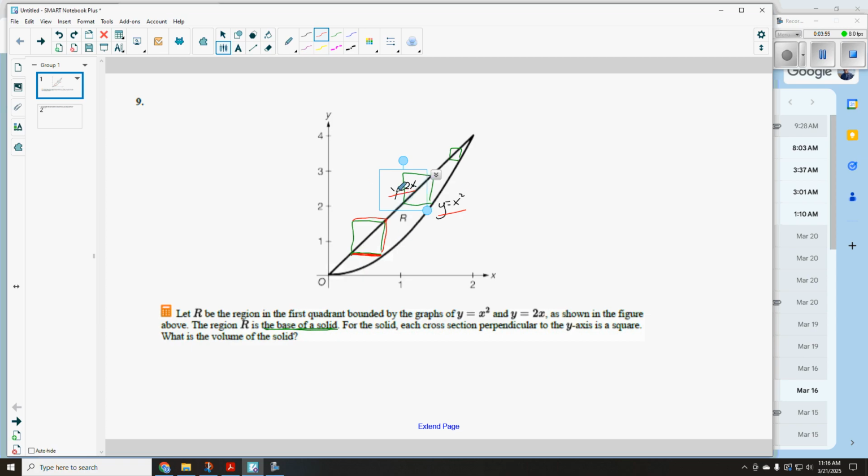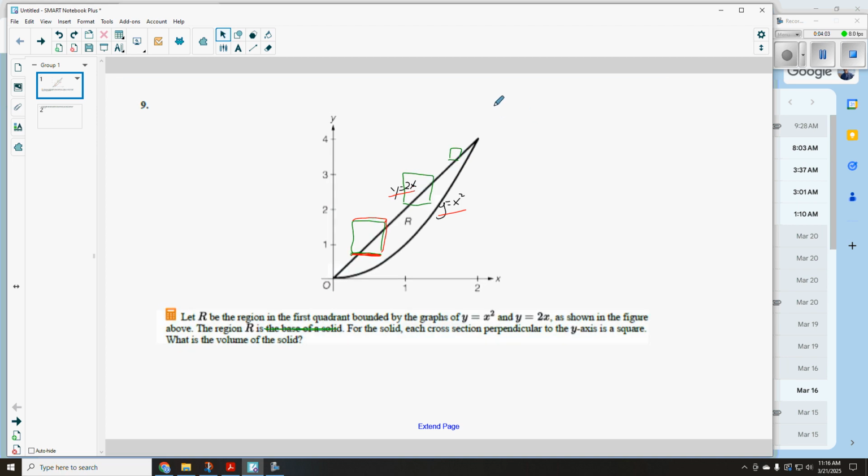So we need to translate both of these equations into x equals instead of y equals. Instead of y equals 2x, we have x is equal to 1/2 y. And instead of y equals x squared, we have x is equal to the square root of y.